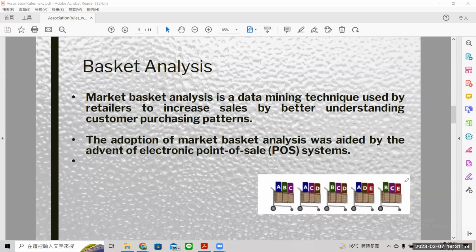So in the back end, if the boss wants, the company can make a very precise basket analysis, even link this product to your personal information, right?